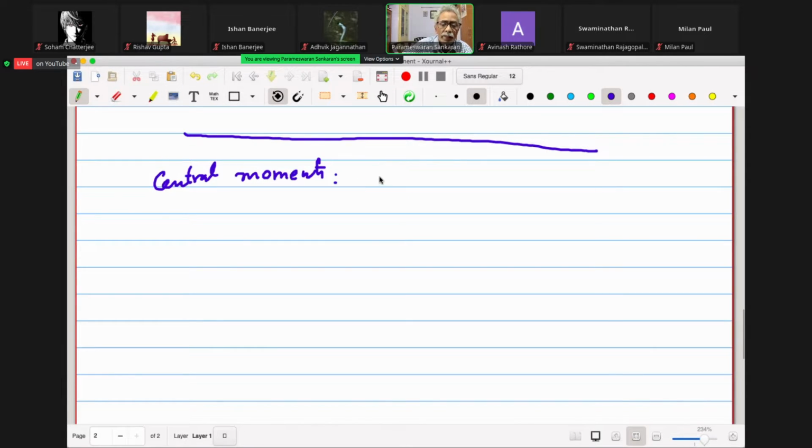So sigma k, and then we had variance of a random variable, denoted var x. So variance of x is the moment about the mean. That's a way to remember it. Second moment about the mean.